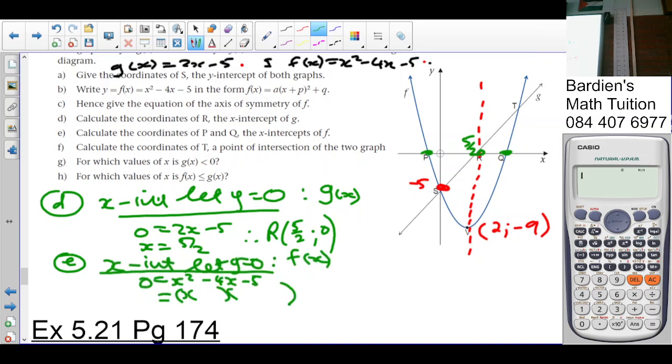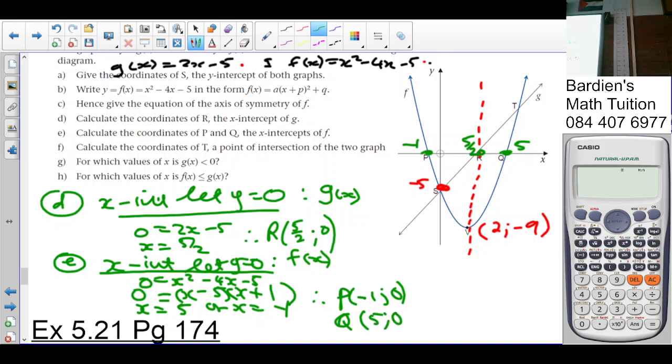Trinomial: x and x, 5 and 1, minus plus. So x is equal to 5 or x equal to negative 1. Have I answered the question? No. So what are the coordinates of P? Negative 1 and 0. What are the coordinates of Q? 5 and 0. Remember, if they ask for coordinates, you must give it in coordinates.